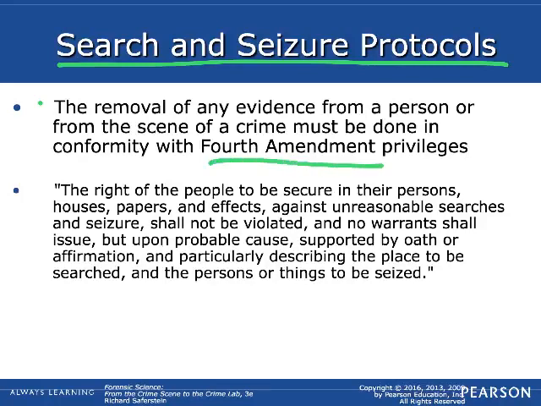Okay, so the Fourth Amendment says it's the right of the people to be secure in their persons, houses, papers, and effects against unreasonable searches and seizure shall not be violated, and no warrant shall issue but upon probable cause supported by oath or affirmation, and particularly describing the place to be searched and the persons or things to be seized. Okay, so they can't unreasonably search you and take things, and you can't do that to a person either.